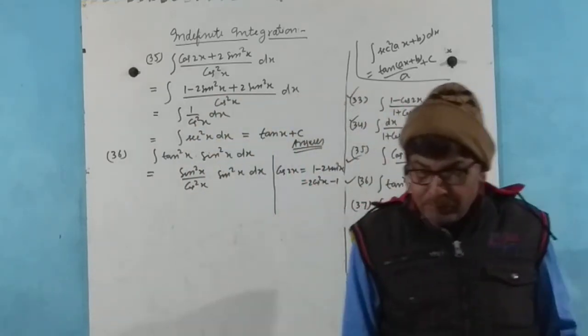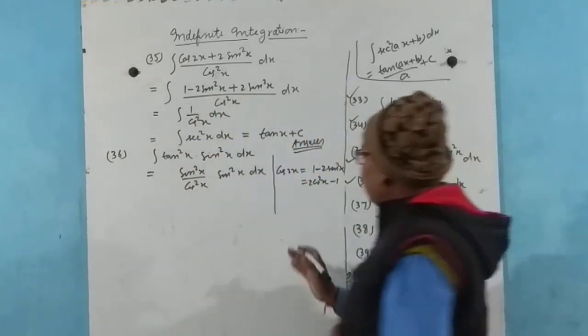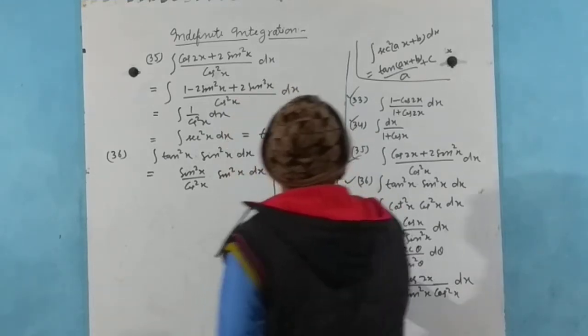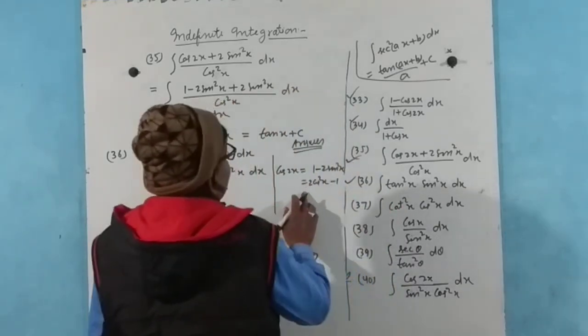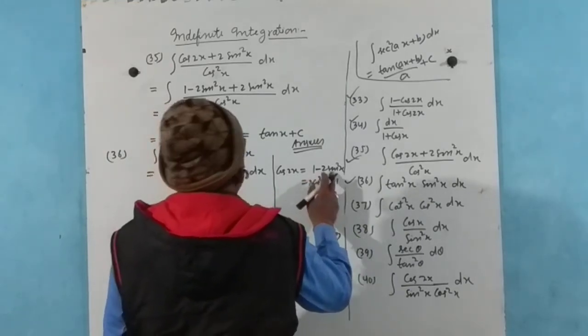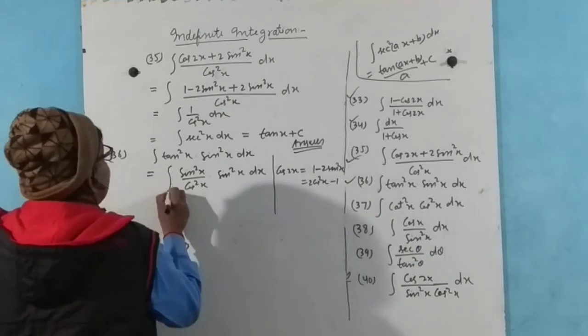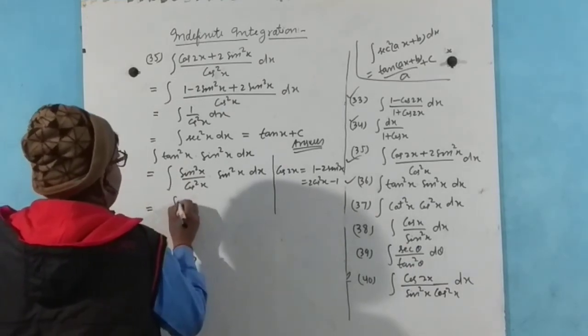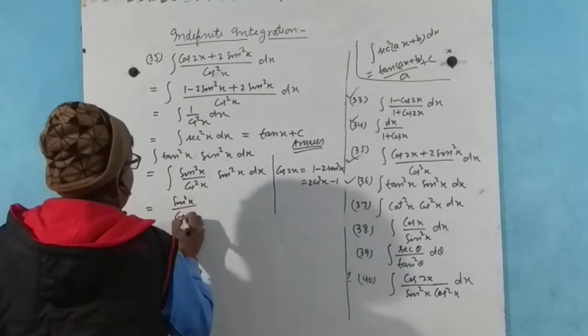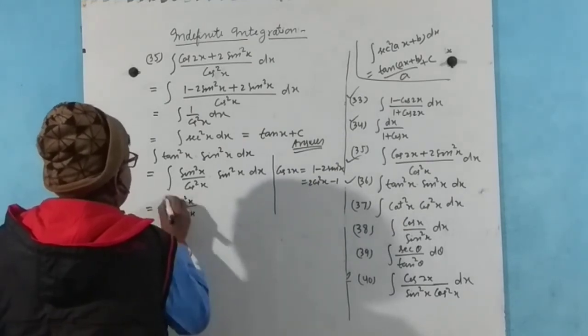In this case we apply 1 minus cos 2x, for the integration of this sin square x by cos square x.